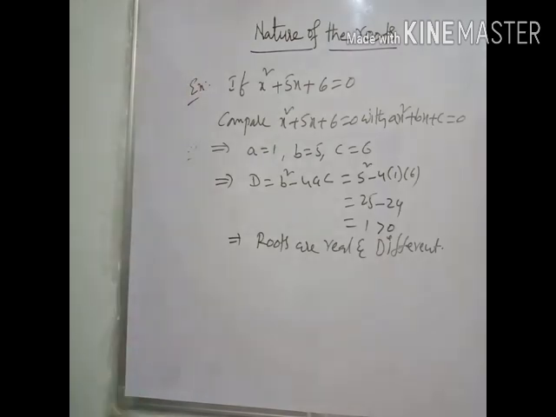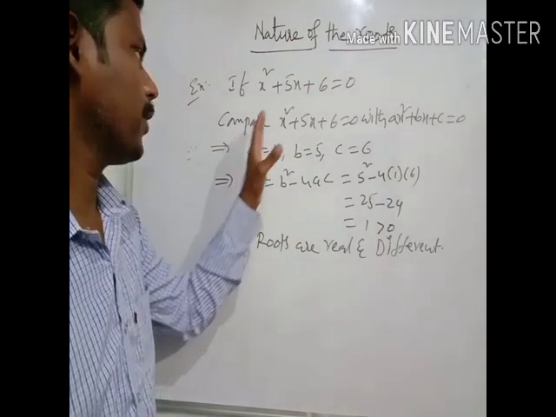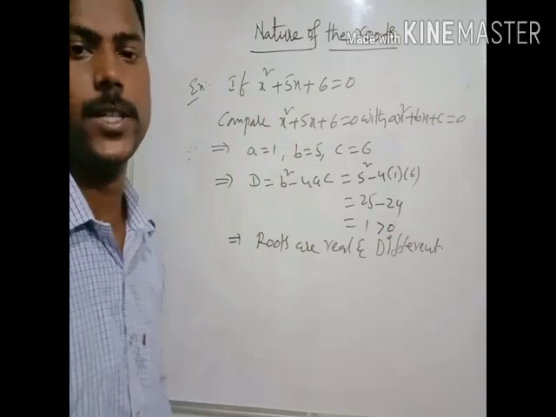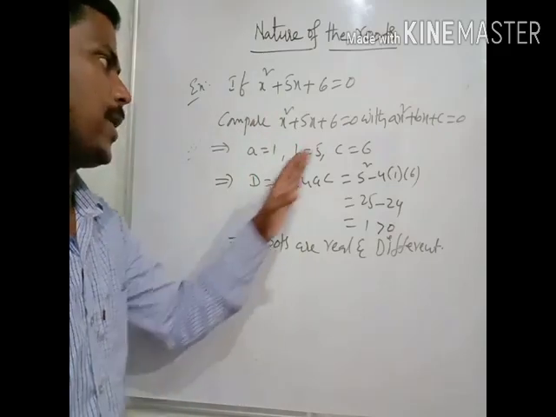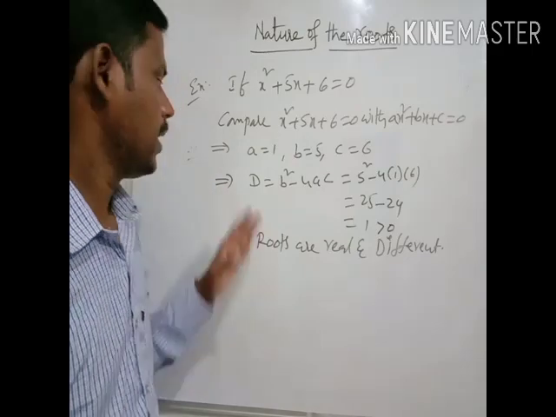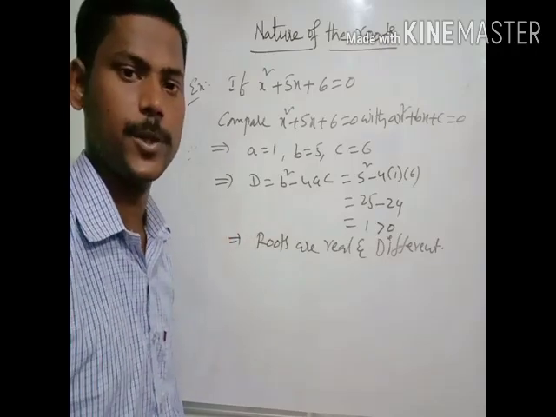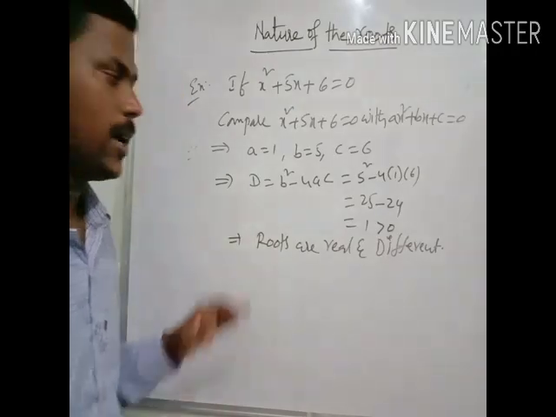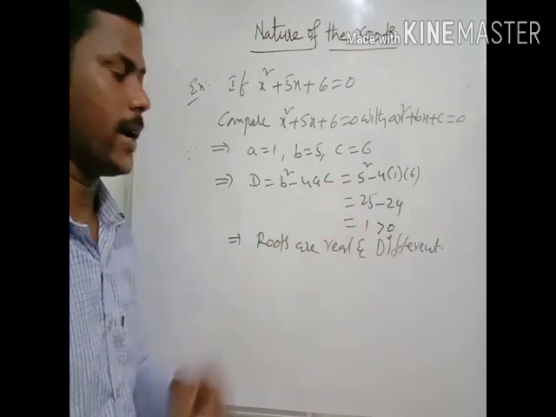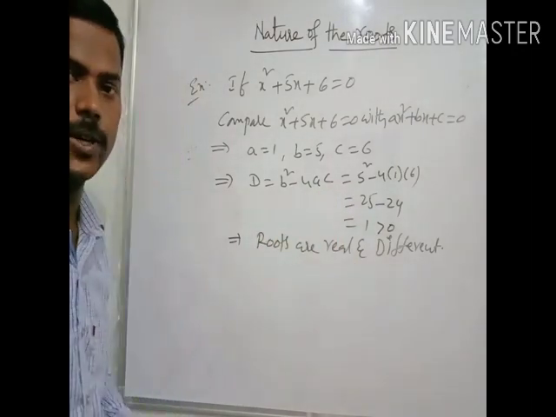So any problem is given, how to find nature of the roots means, first of all take the quadratic equation, compare the coefficients and write the discriminant formula. In the discriminant formula you substitute the known values and simplify. You can find out whether the final value is greater than 0, less than 0 or equal to 0.